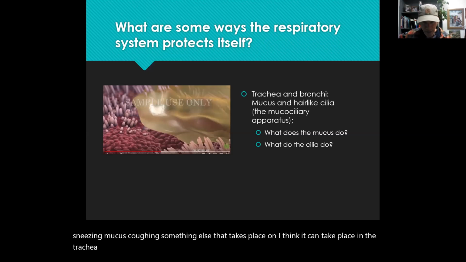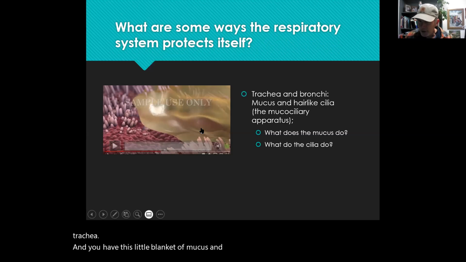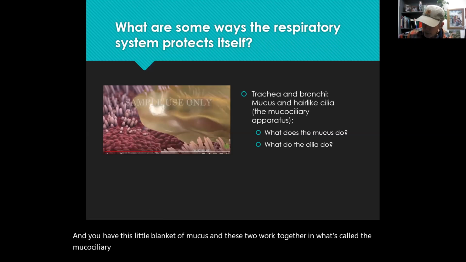It doesn't really matter, but you have these little hairs called cilia. That's what these are. So just millions of these little hairs, and you have this little blanket of mucus. And these two work together in what's called the mucociliary apparatus. And it's really beautiful how this works. It's working all the time.